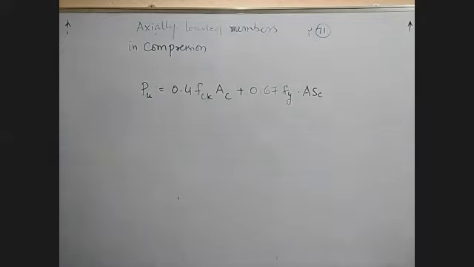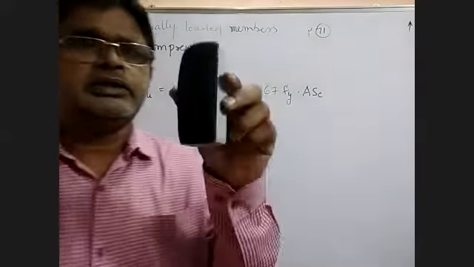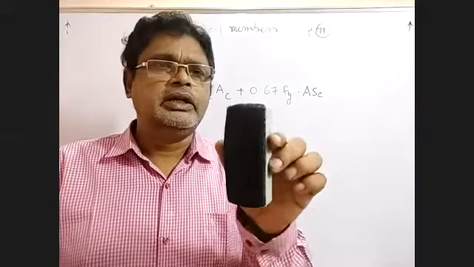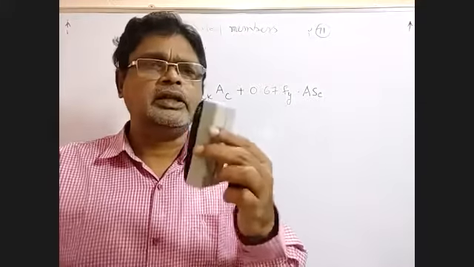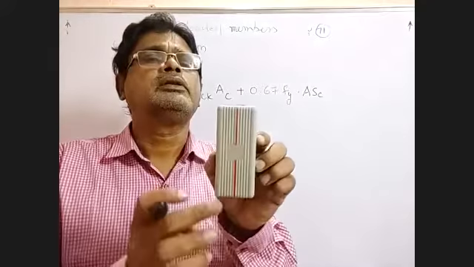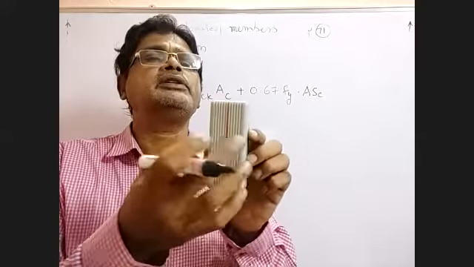So suppose a column is given, and if you are asked to calculate the load carrying capacity of the member, then you have to use this formula. A column is given to me, and they ask how much load this column will carry. So what is the load carrying capacity of this section?